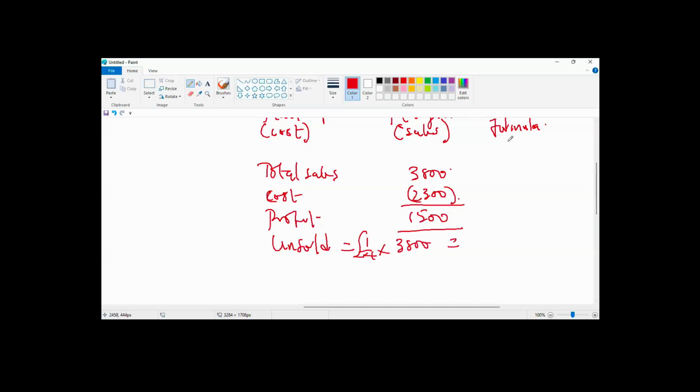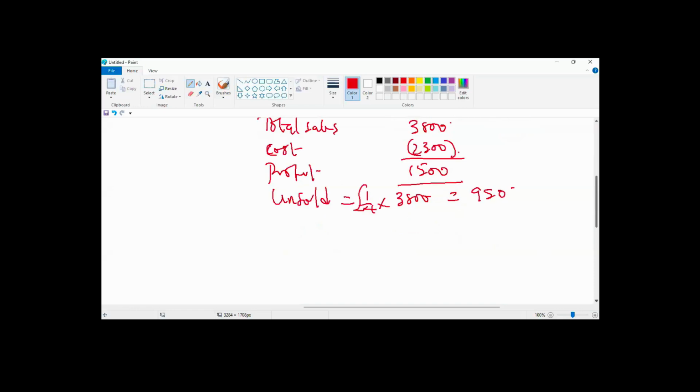That is what we call the formula 1. It gives 950. We will now apply the formula.